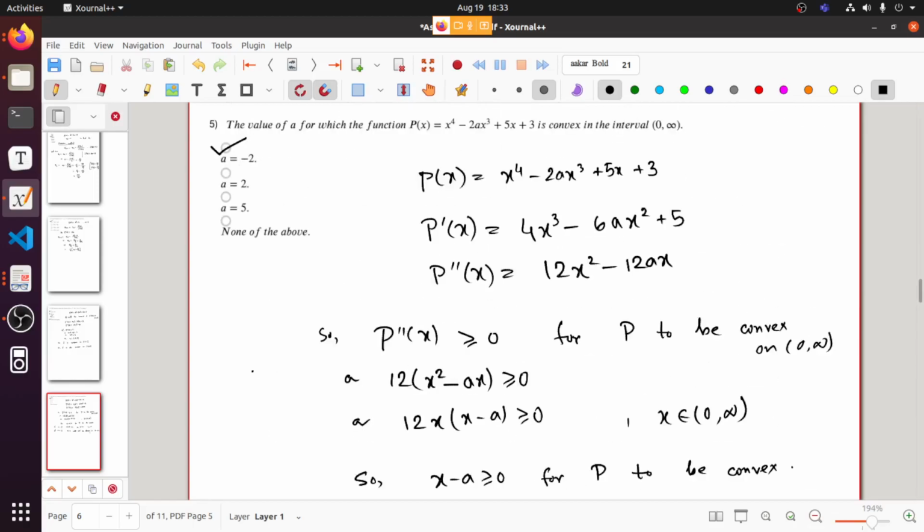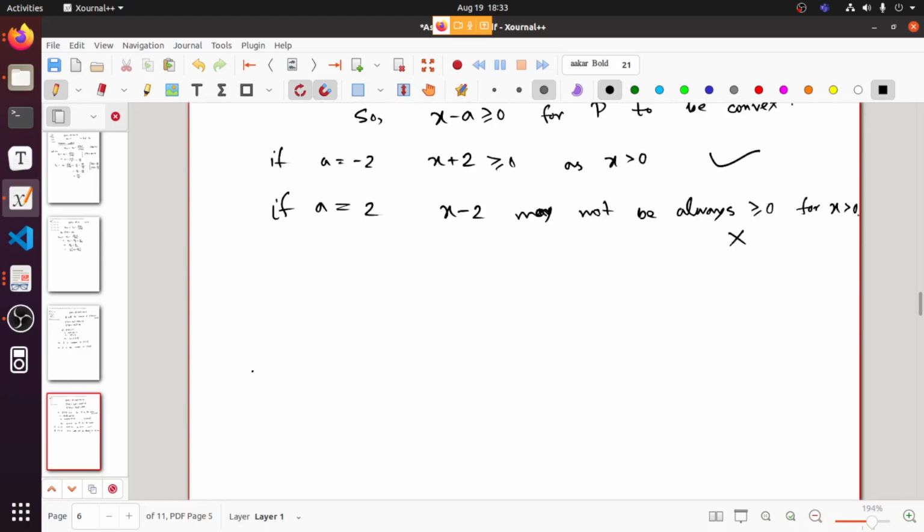What is the next option? a equals 5. If a equals 5, what happens? x minus 5. Can this be always positive? No, this is again not. If x is less than 5, this cannot be always greater than 0. So this is not greater than 0 for all x greater than 0, right? So this is again false.